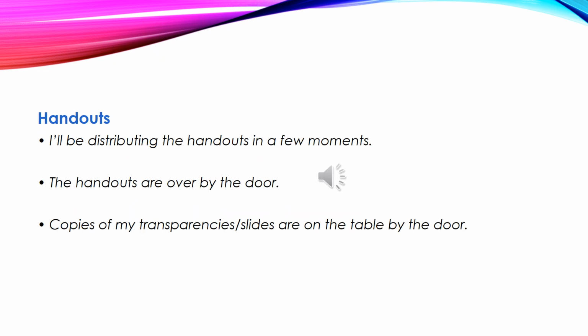At this point we will focus on handouts. Handouts means the printed copy of your presentation that you give to the audience when you finish. We use one of these expressions: I'll be distributing the handouts in a few moments, or the handouts are over by the door, or copies of my transparencies or slides are on the table by the door. Transparencies and slides mean the same thing.